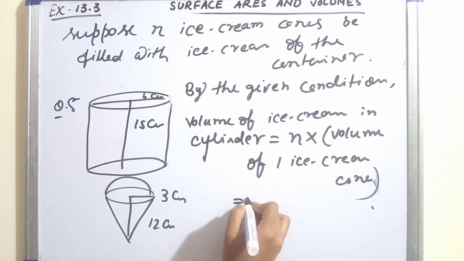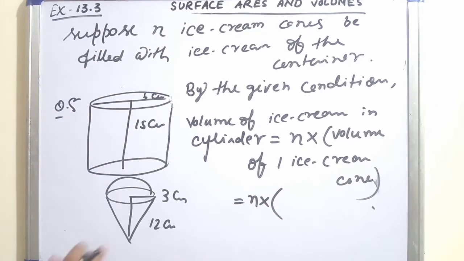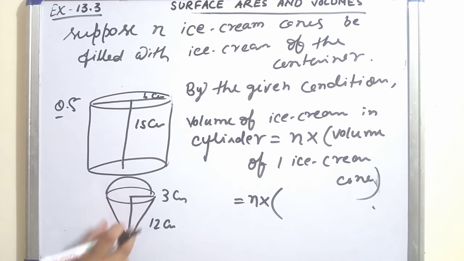That means this is equal to n into the volume of one ice cream cone, which means the volume of this conical part plus the volume of this hemispherical part.